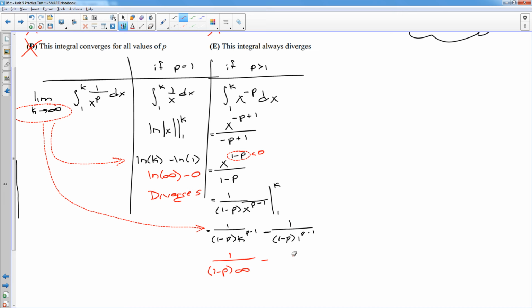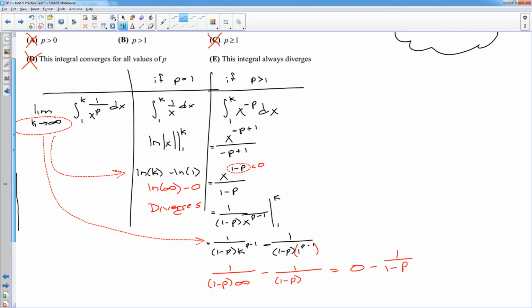Minus 1 over, and now this is not going to be affected, 1 minus p times 1 to the p minus 1. Again, if p is a positive number, that's just going to end up being 1. 1 to any exponent is going to be 1 when we're dealing with real numbers. And 1 over infinity is 0. So 1 divided by infinity is 0, minus 1 over 1 minus p.